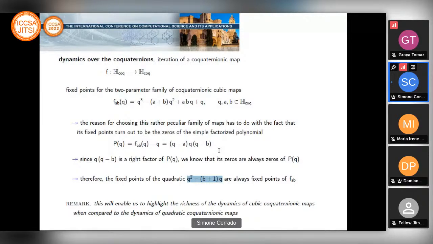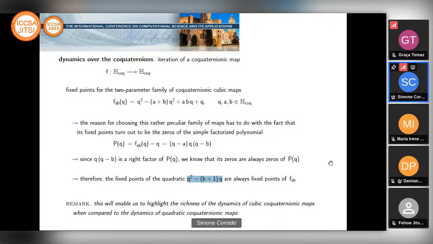This idea is important to highlight the richness of the dynamics of cubic quaternionic maps when compared with the dynamics of quadratic quaternionic maps. The idea is very simple. We can compare the fixed points of this quadratic polynomial, and then we can compute the fixed points of the cubic polynomial that we get by left multiplication by the monic polynomial q minus a.